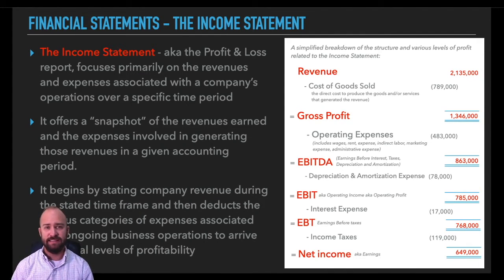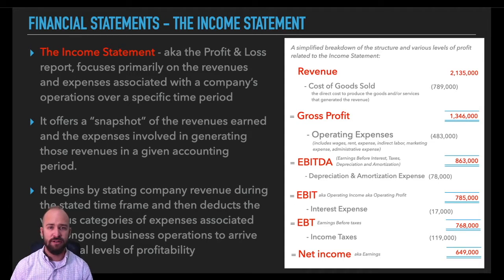So let's create an example to illustrate how all this works. Let's say the company in question sells skateboards, and in the most recent quarter, they sold $2,135,000 worth of skateboards. So revenue is $2.135 million. And let's say the direct cost to manufacture those skateboards was $789,000.